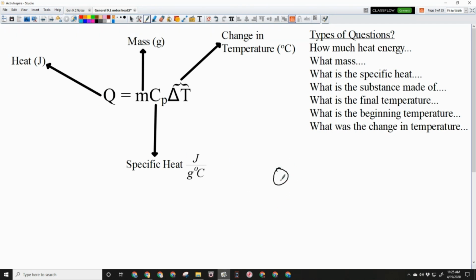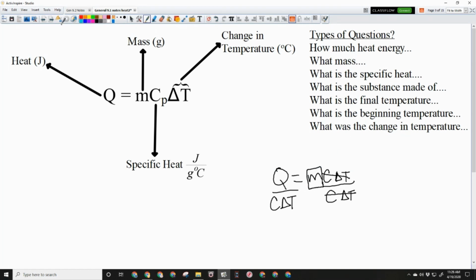If we have Q is equal to MC delta T, and we're solving for mass, I like to put a square around what I'm solving for, lock that down. How do we get rid of C and delta T? Well, if we divide both sides by C delta T, this side cancels out because what's on top cancels what's on bottom. That leaves us with M is equal to Q over C delta T. And that's going to give us the mass.